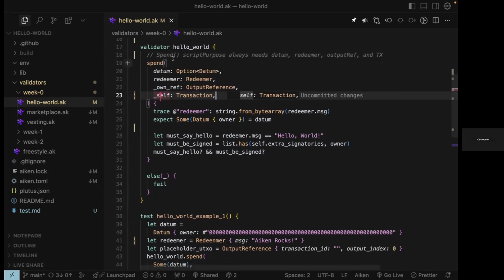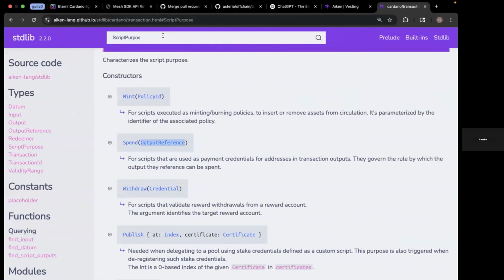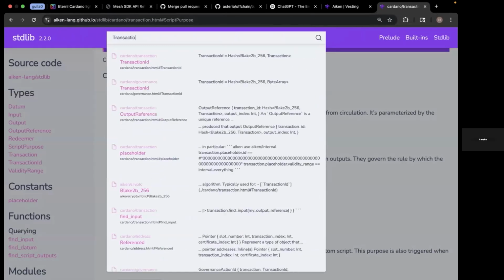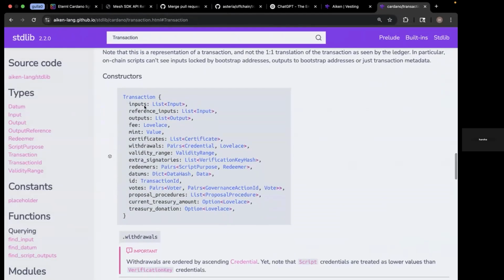But if you're going to put all of them, we are only basically saying we know the types of these, and we are only defining types. We are not defining any values. We are just saying datum is of the type optional, redeemer is of the type redeemer, and all of this we are deriving from the transaction. So we are basically copying these types that are defined here, right?